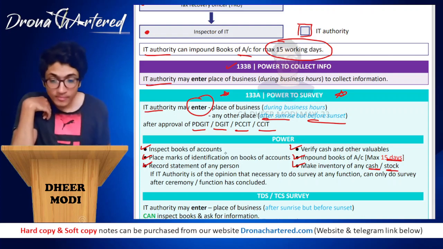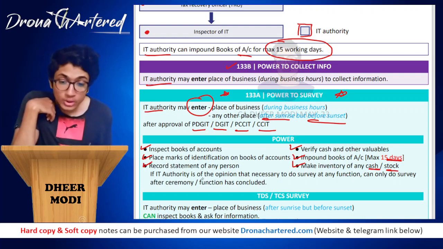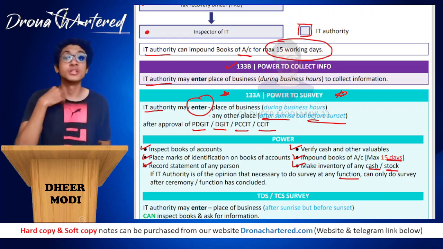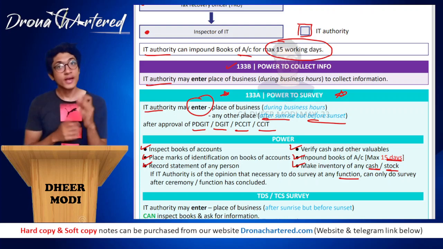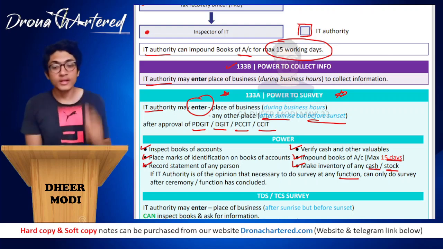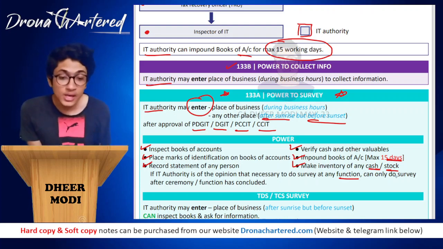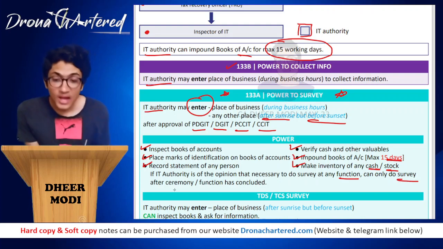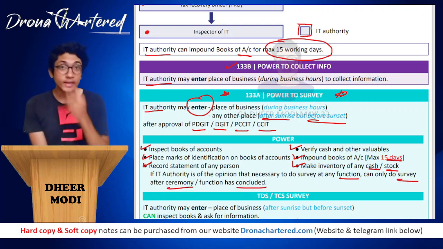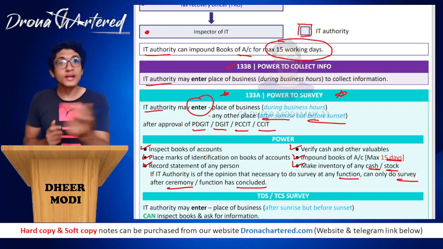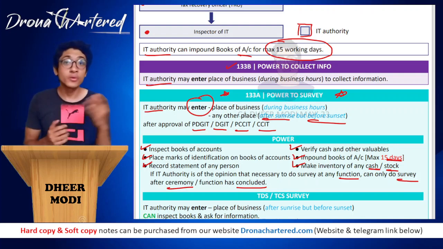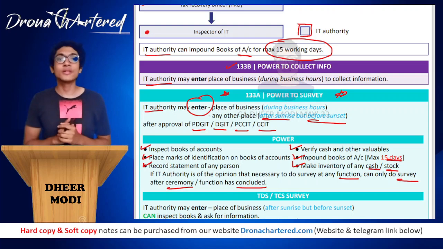Now what you have to remember, if income tax authority is of the opinion that it is necessary to do survey at any function, that means it is not your place of business. For example, they are getting married and they will say, I want to do survey right now. So if it is at any function, they can only do survey after the ceremony or function has concluded. Now imagine the bride and the groom taking the saat fere, the 7 rounds, and during the fourth fere the income tax authorities enter.